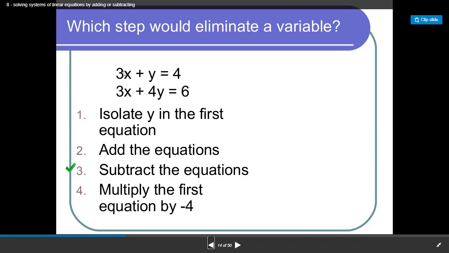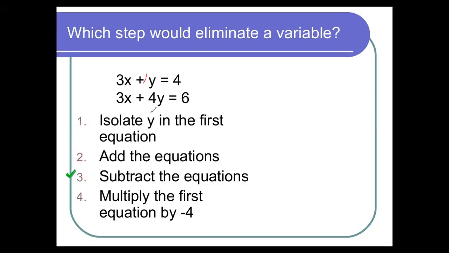It's 3 and 3, right? And here I have 1 and I have 4. So can we add in this question? No, we can't. So what we have to do, we will subtract. You have the same coefficient, so we will subtract.